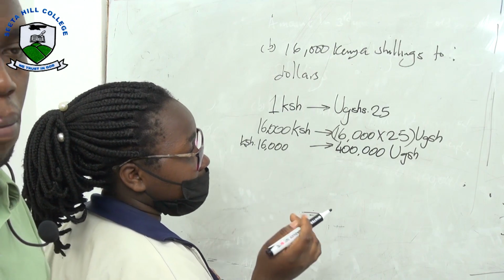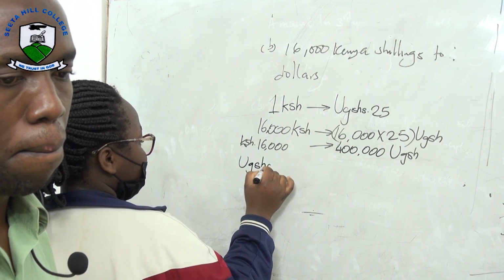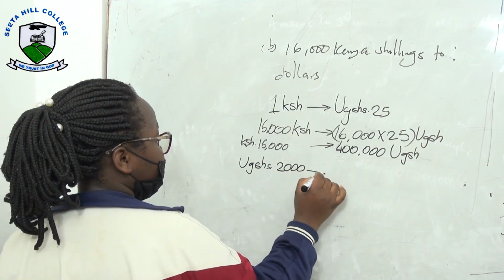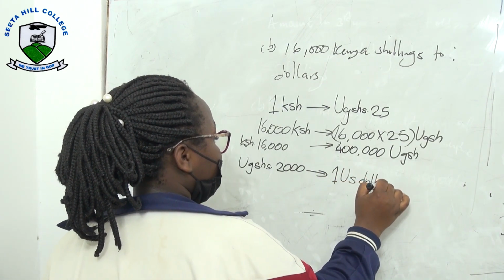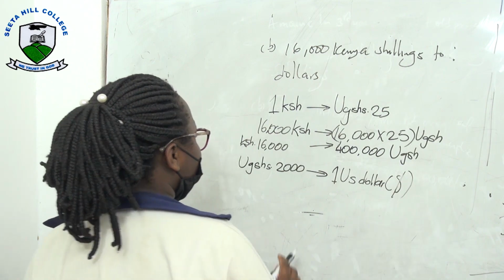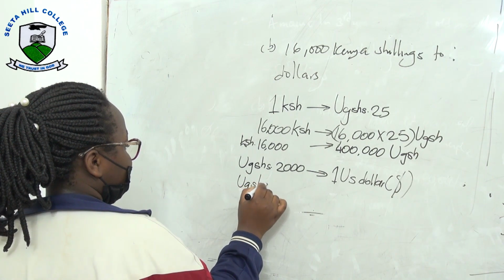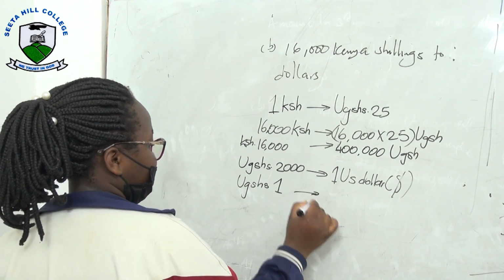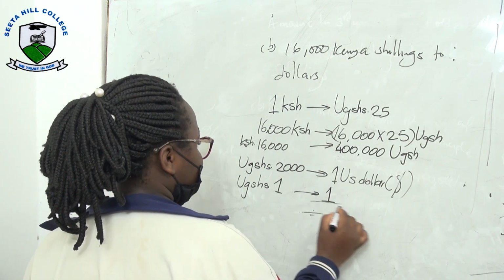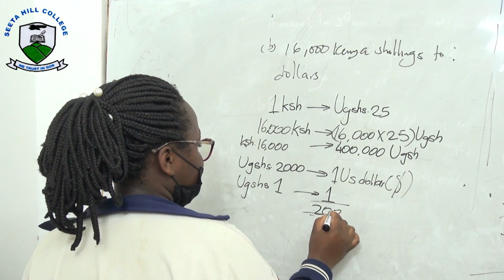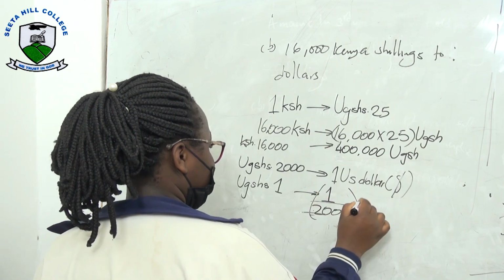As it is said, 2,000 Uganda shillings costs $1. And what of just 1 Uganda shilling? How many US dollars will it cost? 1 out of 2,000, and this should all be in US dollars.